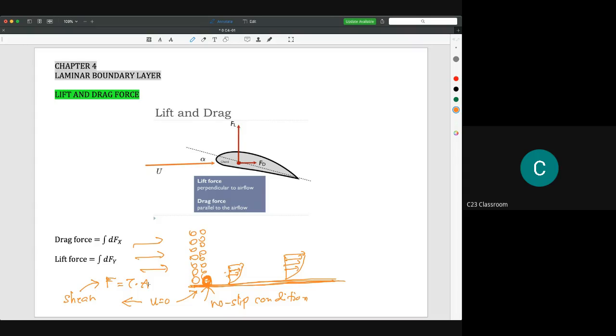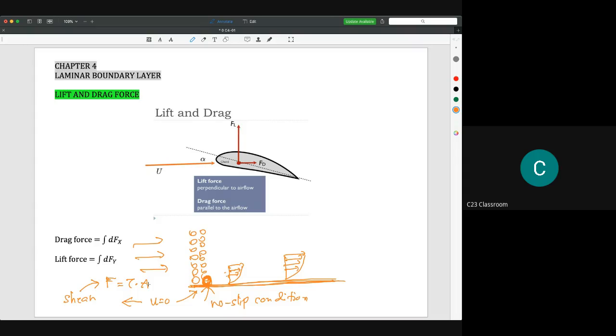So in the Navier-Stokes equation, we also discussed the existence of shear stress, the existence of shear force.